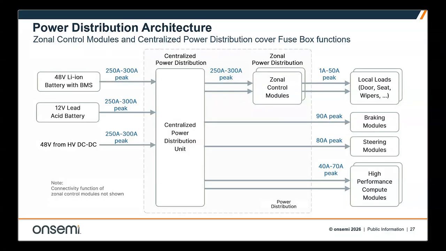The key point I want to land here is that this is enabled by our Treo platform, because the smart switches and the power distribution devices in the zonal module are built mostly on Treo. So we get tightly integrated current and voltage monitoring right where the power is delivered, which is exactly what software-defined power management and hands-off automated driving demand.